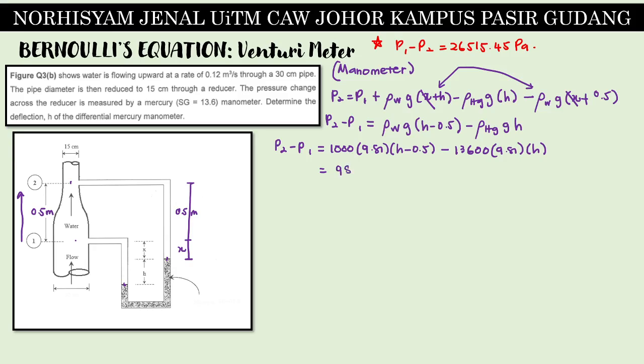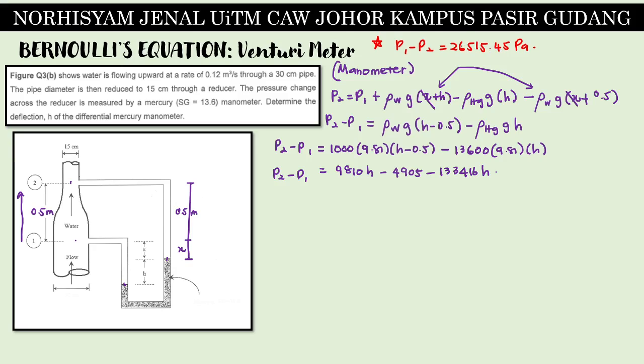You will get 9810H minus 4905 and then minus 133416H. This is for P2 minus P1. So comparing with the equation from Bernoulli equation, the number over here is in positive mode. Okay.